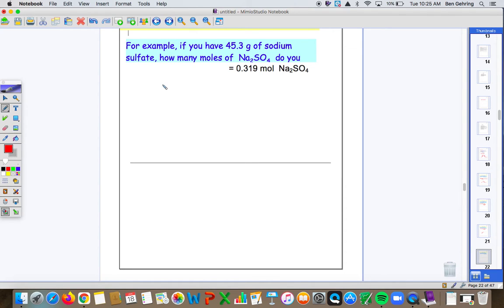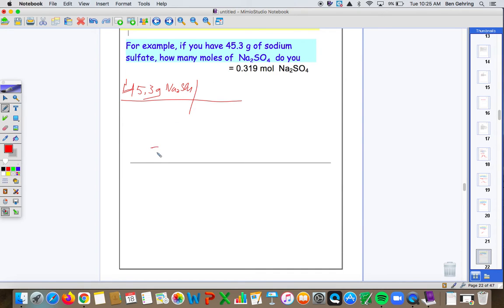Okay, and the last one, if I have 45.3 grams of sodium sulfate, how many moles of sodium sulfate do I have? And so I'm starting with 45.3 grams of sodium sulfate, Na2SO4. Now I have to find my molar mass of sodium sulfate.